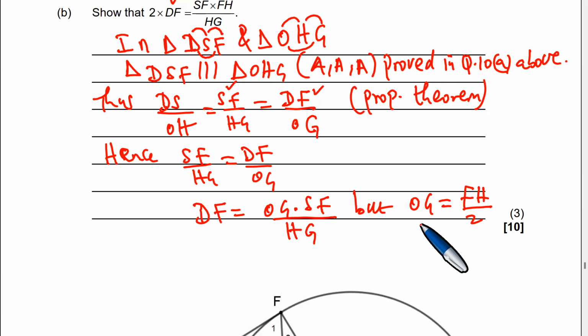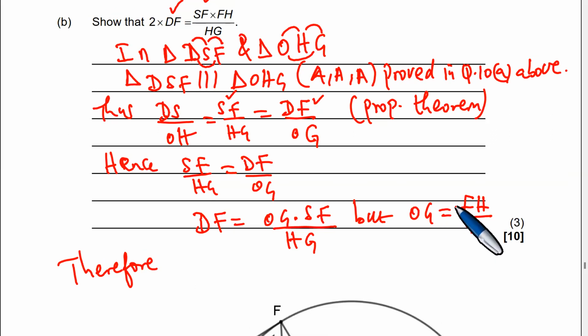Right, so we continue. Therefore, it means that in the place of OG, you put half FH.